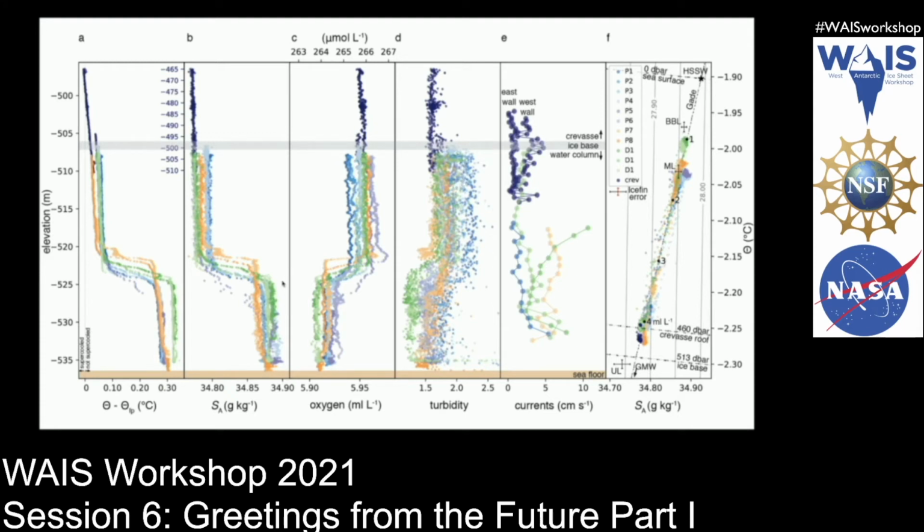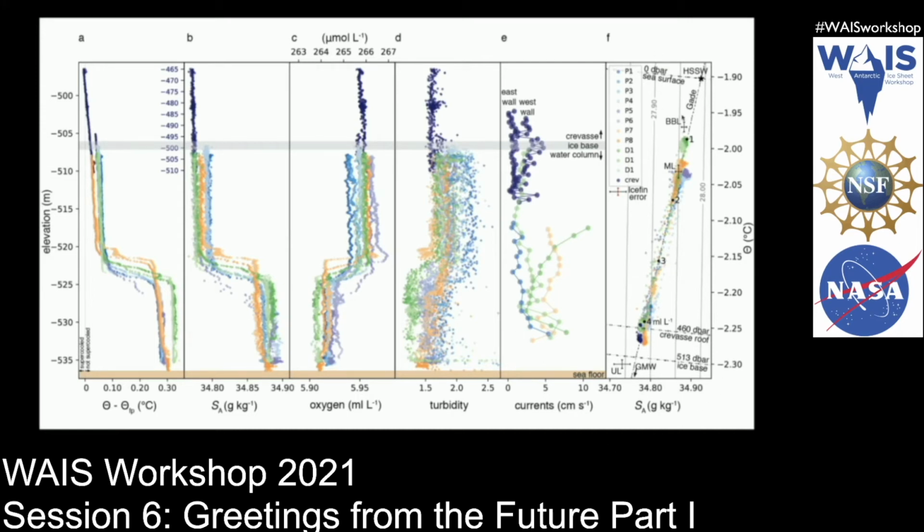This structure varied in strength due to the tide. When you had stronger tides, you mixed the two layers up more, and they were less stably stratified. And during weaker current speeds, the opposite was true.